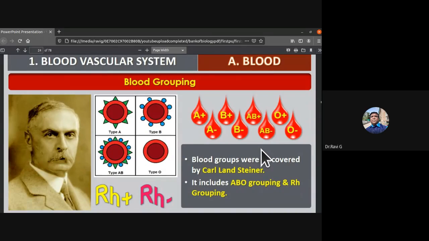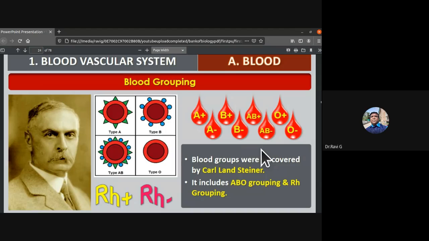The next thing that we should remember is blood grouping. Even though all our blood is red in color, we have different blood groups. Especially in emergencies, when there has to be a blood transfer, you cannot transfer any type of blood to any person. Only the specific blood group has to be transferred.